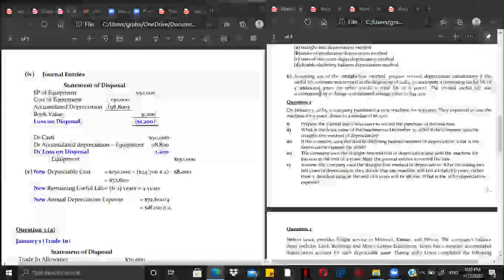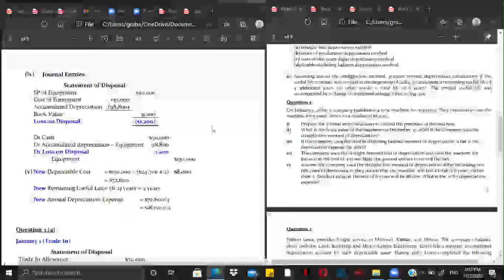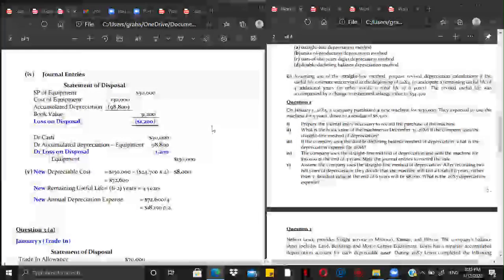Also, if it had been 20x7, you would multiply it by 3. Yeah, basically. And that would be over the remaining useful life, which would be 4 years. So the revised depreciation per year would be $48,000 for the additional 4 years.